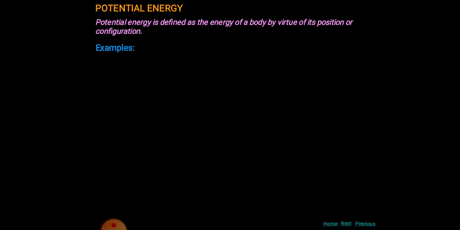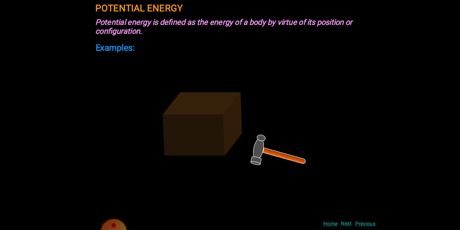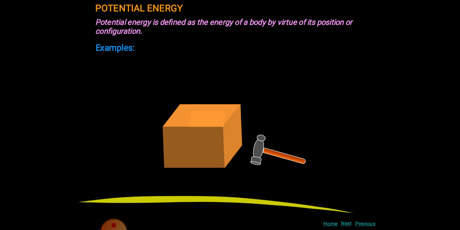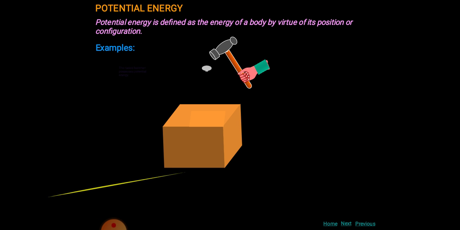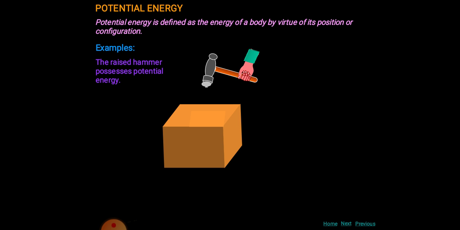Now let us try to understand different examples of potential energy. Here we have taken a hammer, and this is a block. We have taken a nail also. If you observe carefully, the hammer possesses which energy here? The potential energy. So here potential energy is getting converted into kinetic energy. If we apply force, the potential energy is converted into kinetic energy.